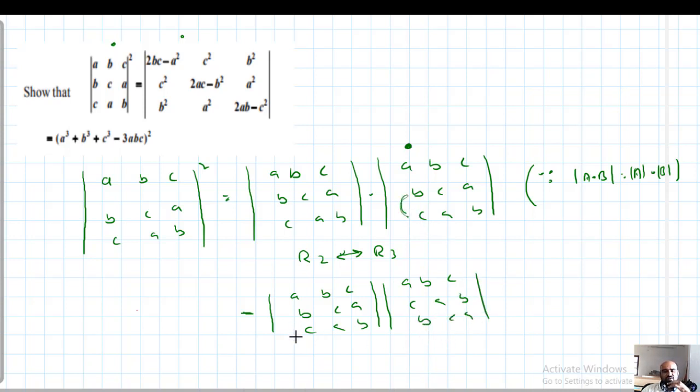Now this is the same as A, B, C, B, C, A, C, A, B into minus A, minus B, minus C, C, A, B, B, C, A. Students, the determinant concept is very, very difficult.